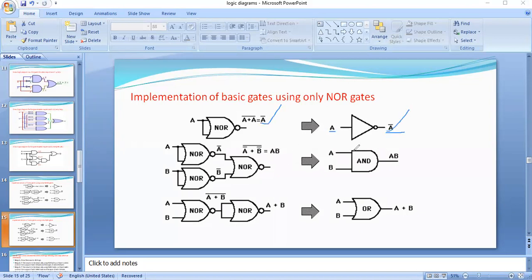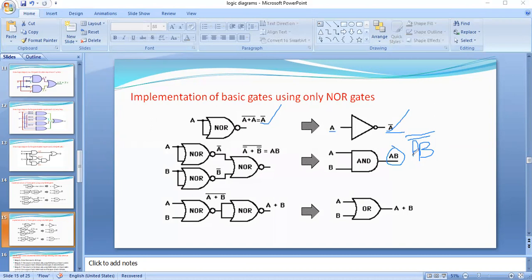In the same way, if you want to realize this AND function using NOR gates. NOR means we have an OR operation and a complement, a bar on that equation. So we don't have any AND operation. So here what I am going to do is apply a double whole bar to convert the dot to an OR operation.